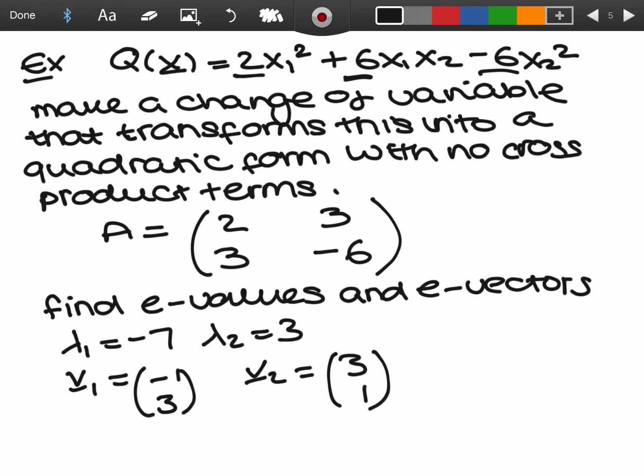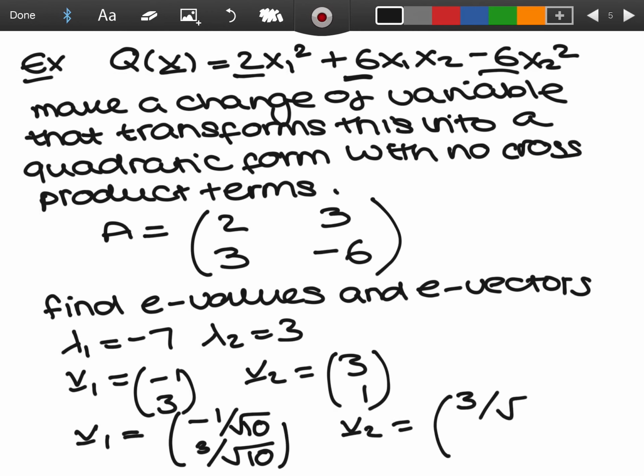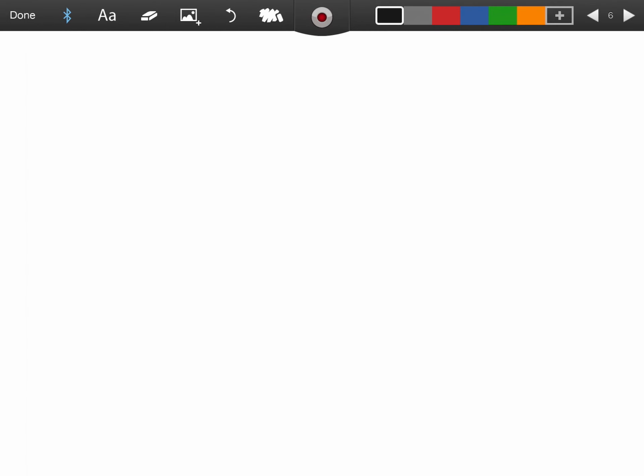So if you normalize each of these, I get (-1 over the square root of 10, 3 over the square root of 10) and (3 over the square root of 10, 1 over the square root of 10). If you want to rationalize those, you can, to put the square root on the top. That's up to you. So that gives me my matrix P, where A is equal to PDP transpose.